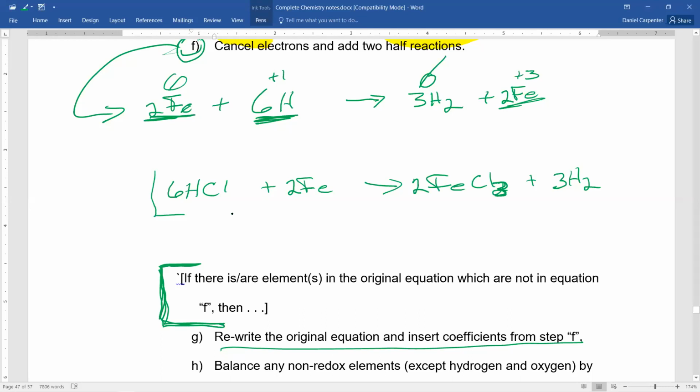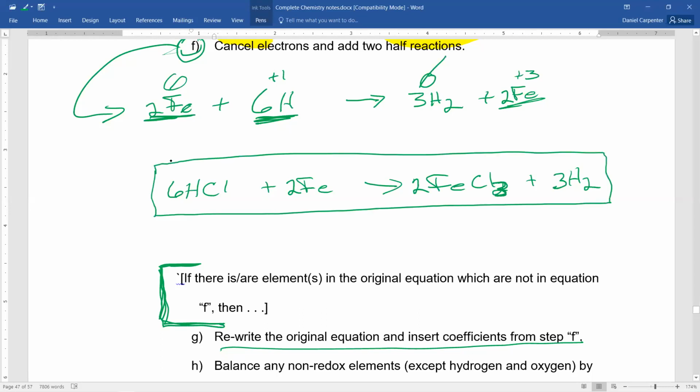So for right now, this is the completely balanced correct answer. A whole bunch of work, yes, but there are equations that are impossible to do without this. Could have done this one without the process, but we're learning the process, so we use it for practice.